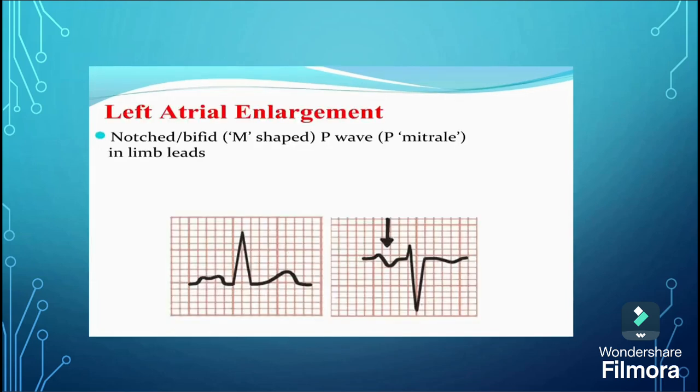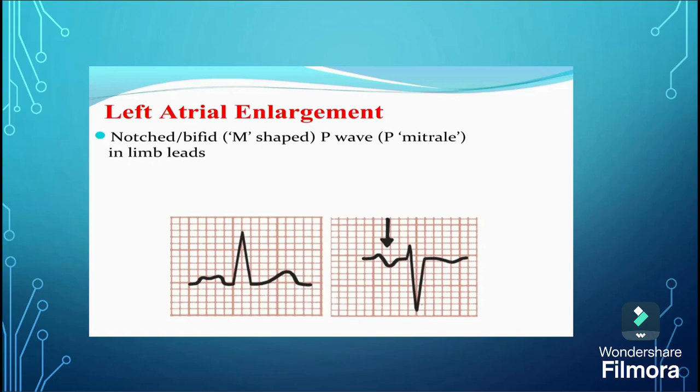Left atrial enlargement. So, in left atrial enlargement, notched or bifid, that is M-shaped P wave. So, you can see the M-shaped or notched or bifid P wave, which is called P mitrale. So, P pulmonale is right atrial enlargement and P mitrale is left atrial enlargement.